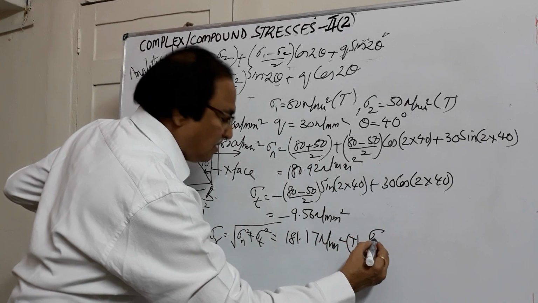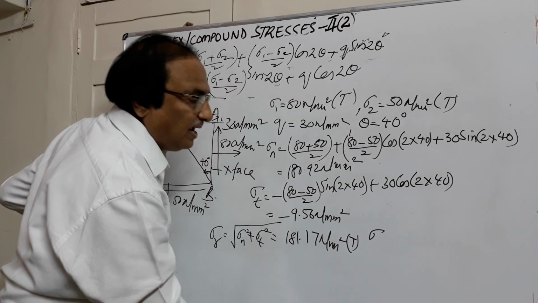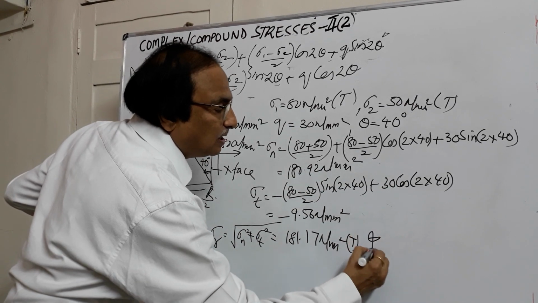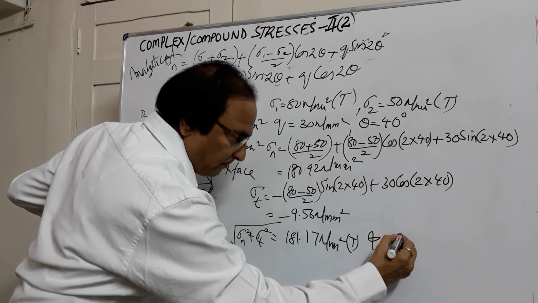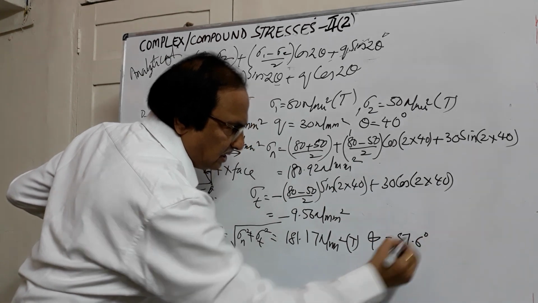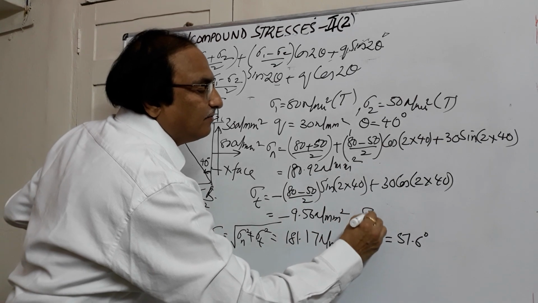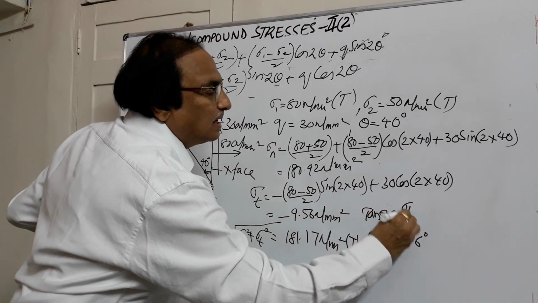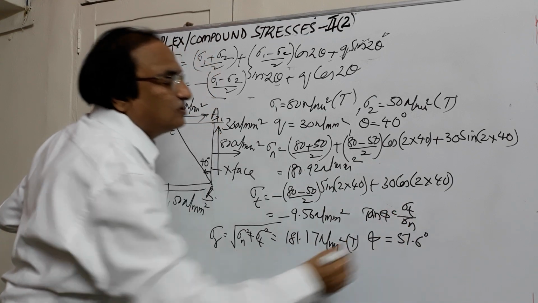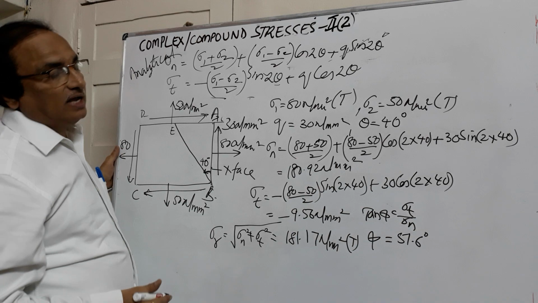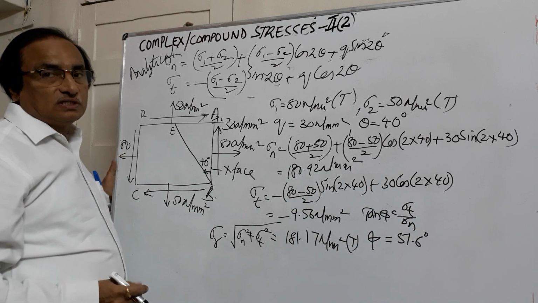The angle of obliquity phi is given by tan phi equals sigma t by sigma n. If you simplify, you get phi equal to 51.6 degrees.